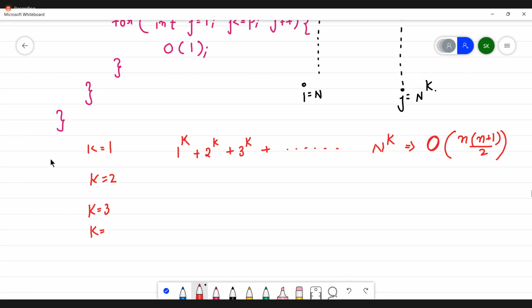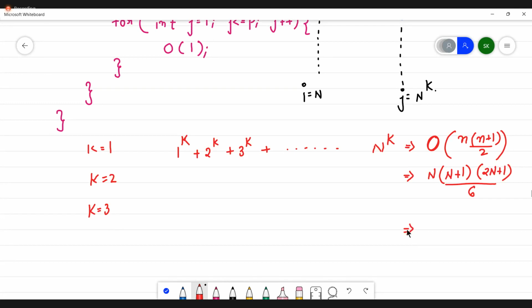Be quick and tell me the answer. Leave 4 as of now. Just tell me up to 3. It is going to be huge. Okay, for 2, I got n into n plus 1 into 2n plus 1 divided by 6.